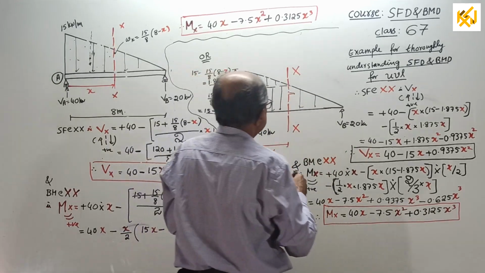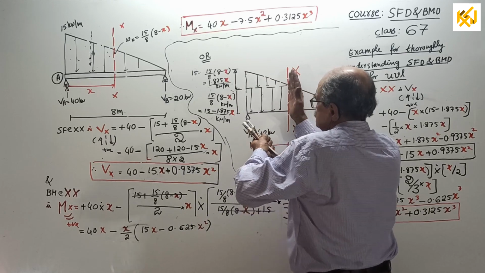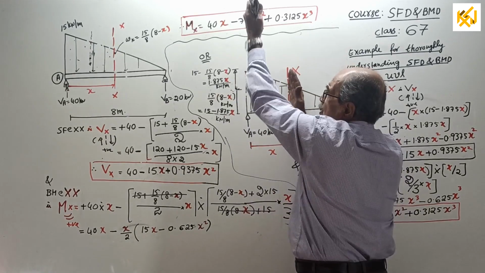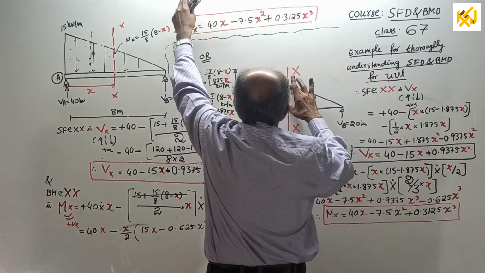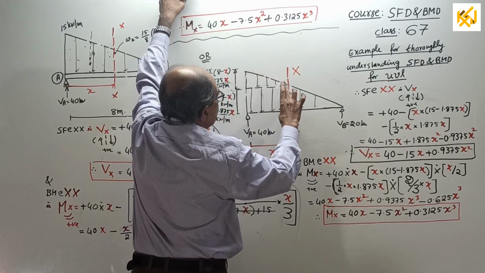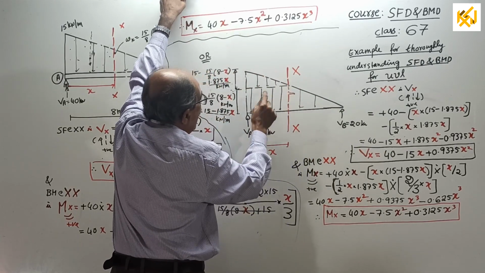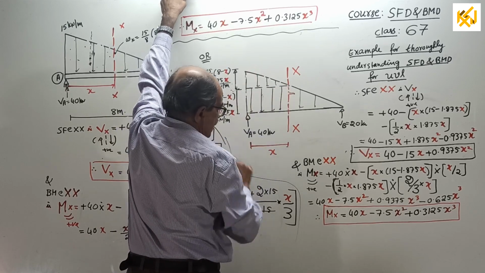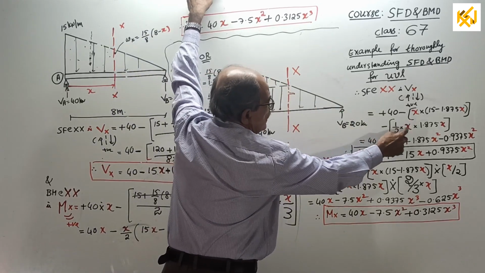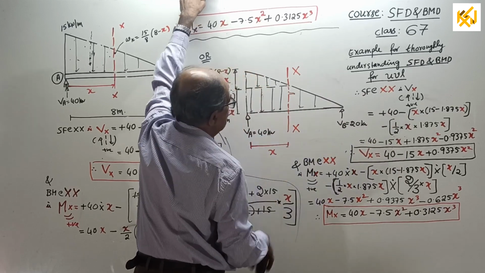This is x, start. BM here, shear force here first. Plus 40 minus this load and this load. This load is x into this ordinate. This load is half into x into this ordinate. I wrote everything here, see. Simplify, you get the Vx equation.